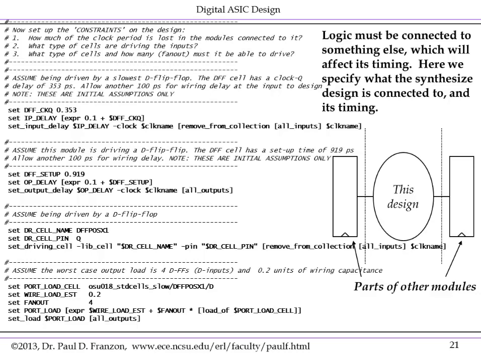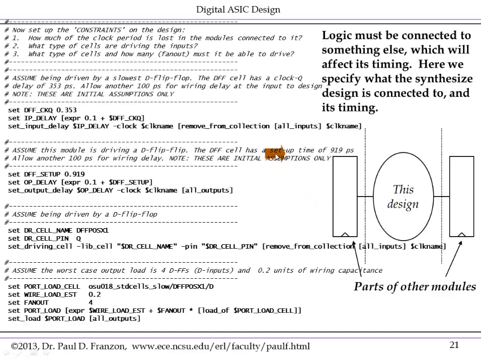The rest of the world has real delays associated with it. The external connections have flip-flops in them, have logic in them, and you must account for these external delays when doing your timing calculations at the input and output ports of your design, which again I've labeled as this design here.